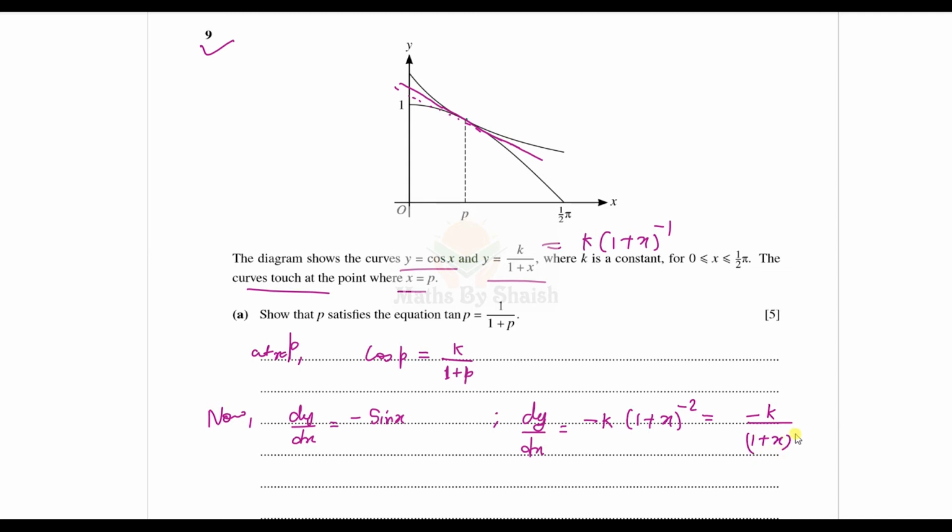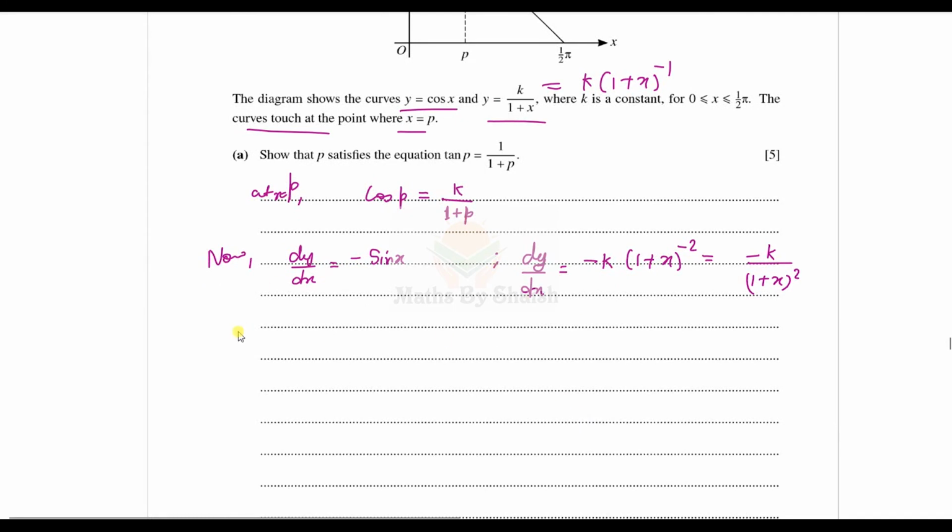Now we'll say at x is equal to p, these gradients should be the same. So sine p is equal to k over 1 plus p whole square, with the minus signs cancelling. Let me mark it as equation number 1, and this as equation number 2.